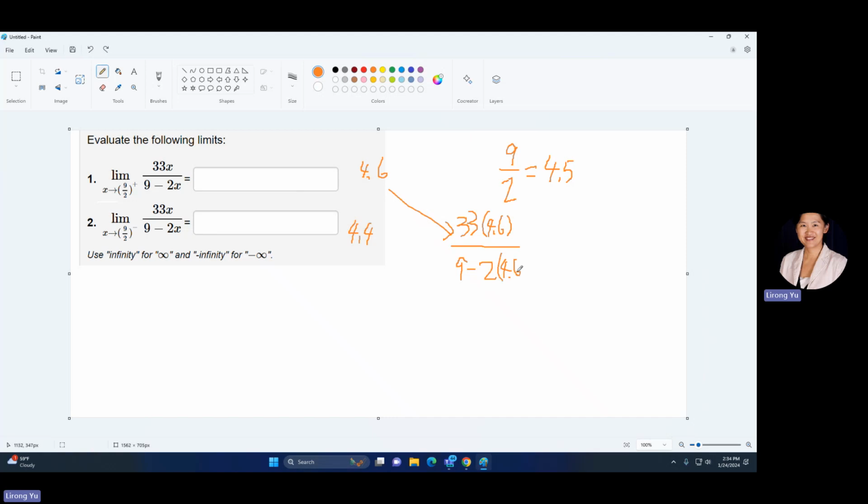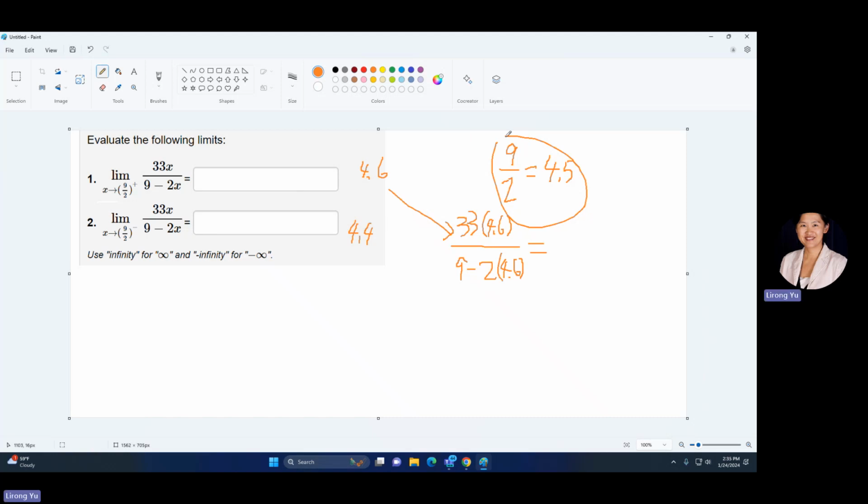Why are you using 4.6? Because it's close to 9/2, which equals 4.5. So x is approaching 4.5 from the positive side. 4.6 is slightly bigger than 4.5, which makes it approach from the right side.